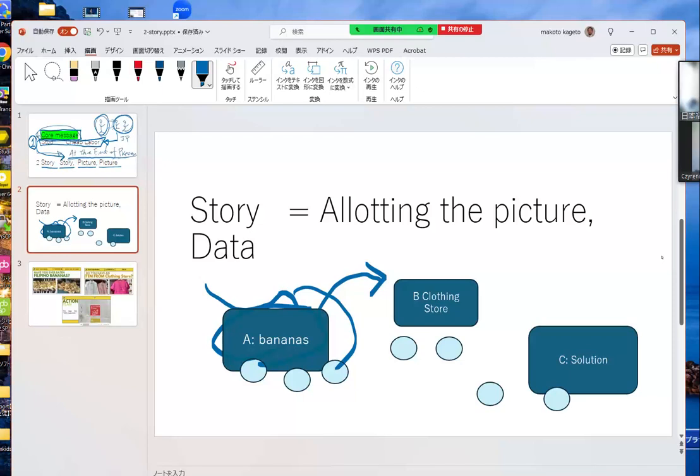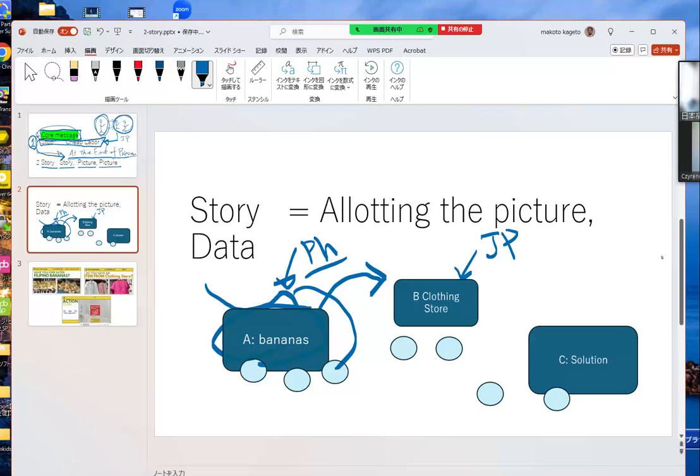Since my friends were Japanese, we thought of clothing store. Okay, so first, when you make the story, talk about the banana, it strongly relies on your Philippine case. The second, Japanese talk about the clothing store.